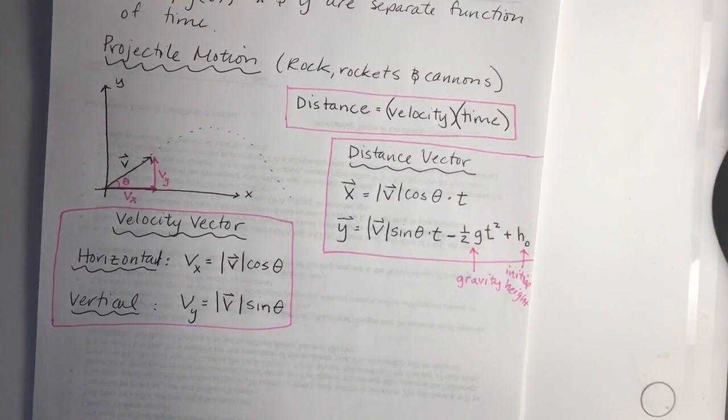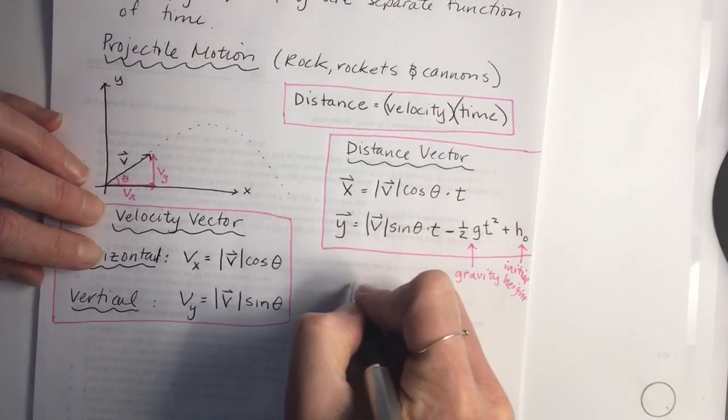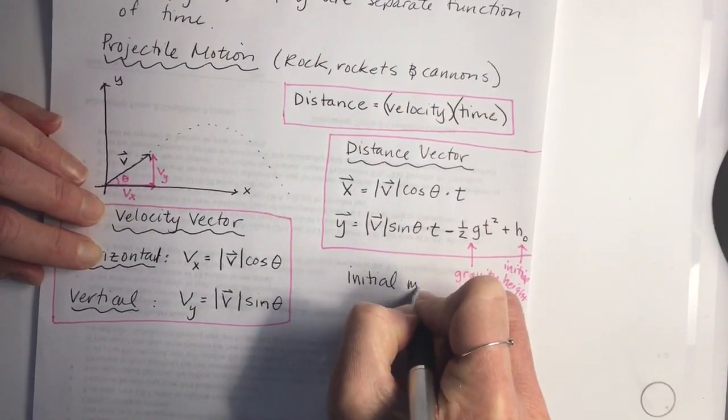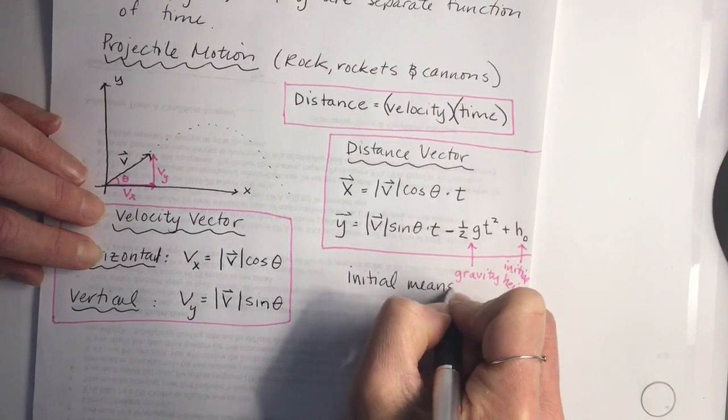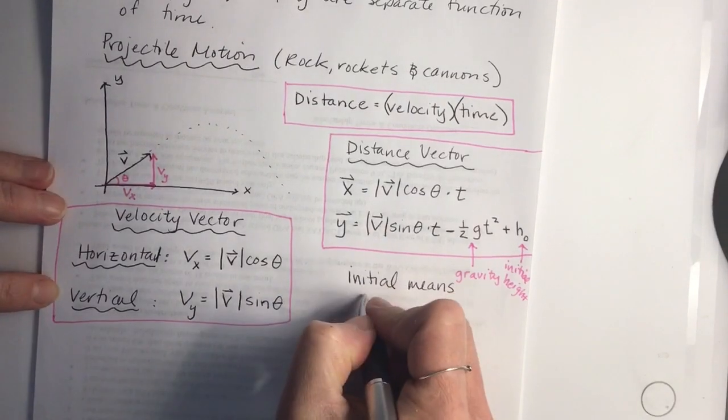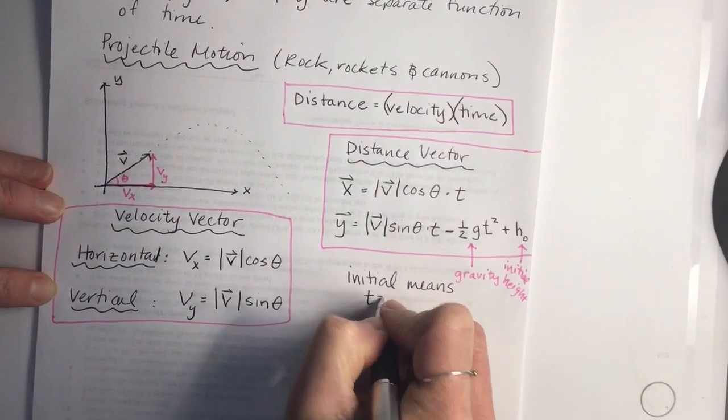Okay, so one thing, initial means what? Initial. So if they say we were initially at 10 feet, that means at the start, right? So that means at t equals 0.